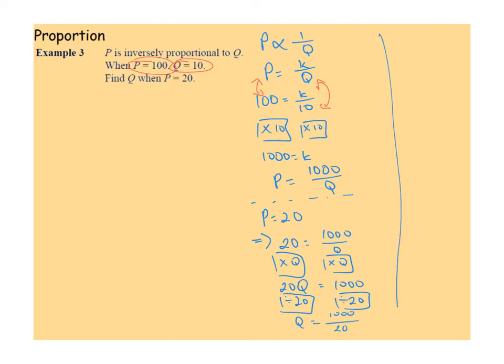Go up to the top here. So Q is 1000 over 20, which is 100 over 2, which is 50.